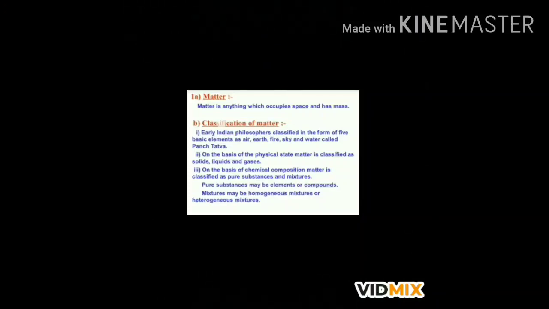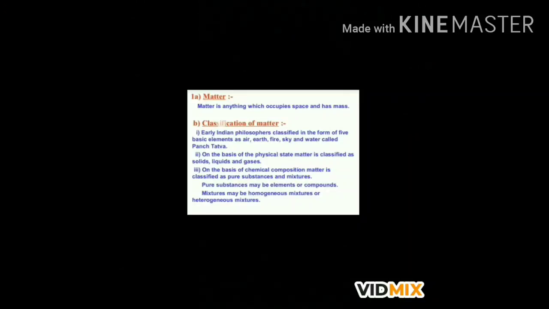According to Indian philosophers, all matter or padarth, living or non-living, is made up of 5 basic elements called the Panch Tattva. These are sky, air, fire, water and earth. According to them, everything living or non-living is made up of these basic 5 elements.